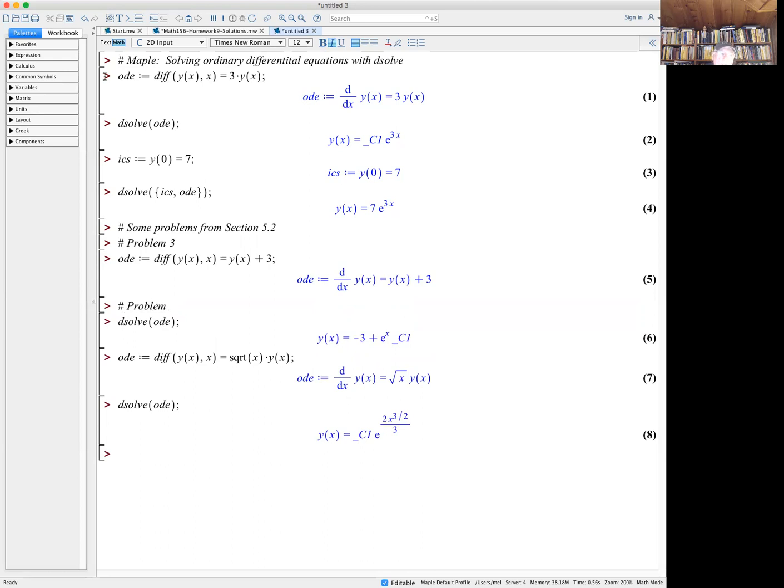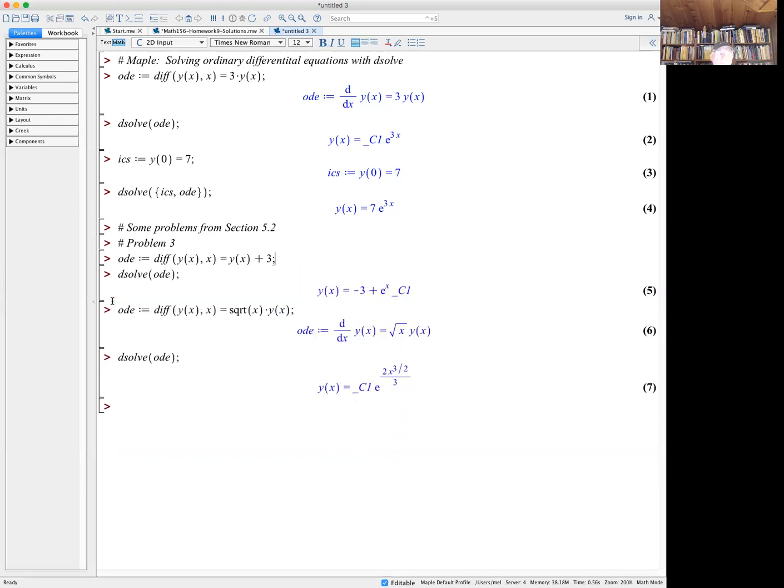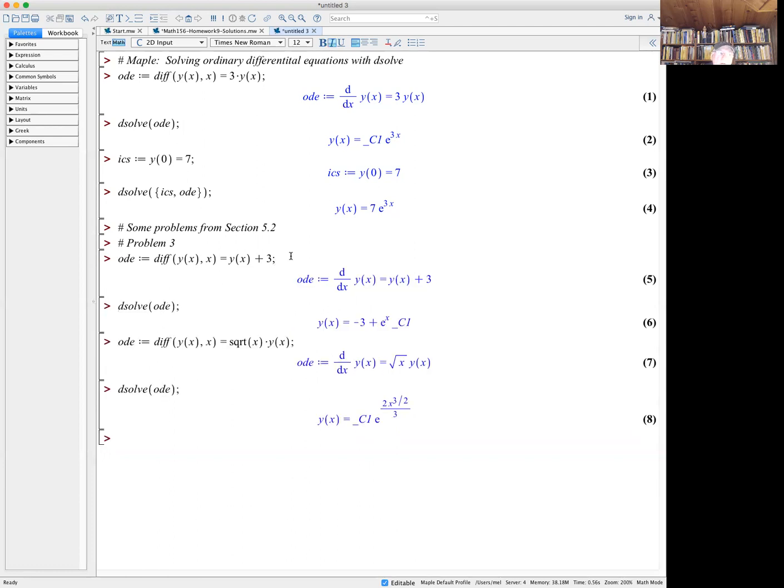This was the differential equation. That was the solution.